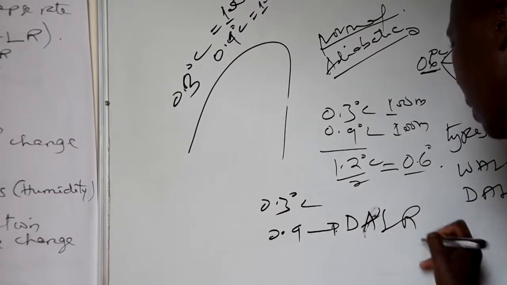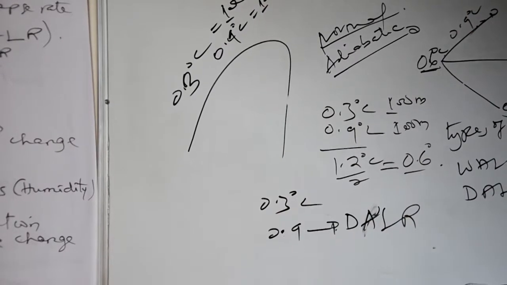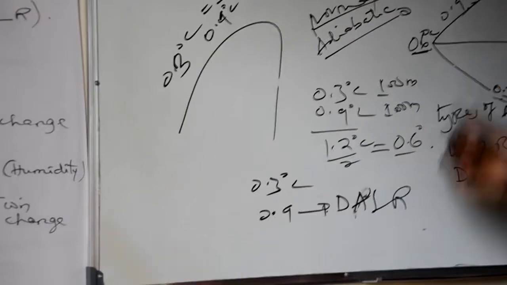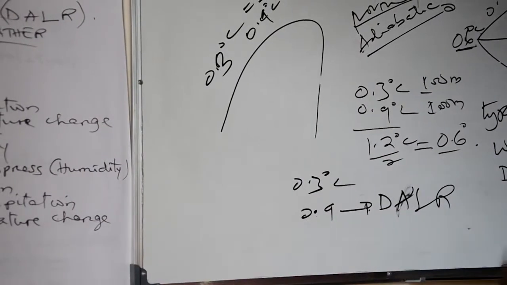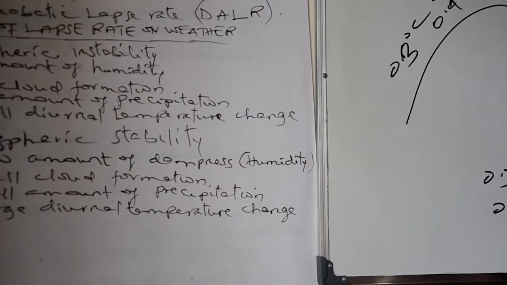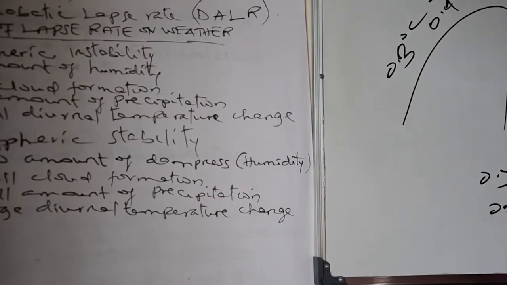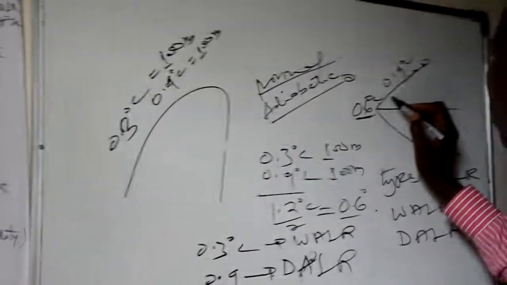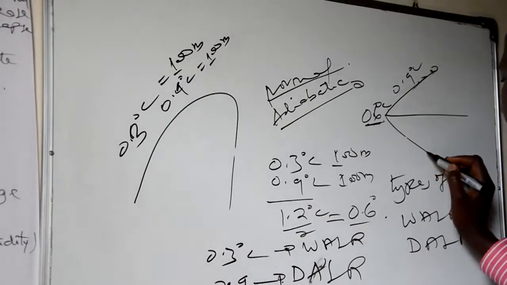It's called dry adiabatic lapse rate because the air is less dense and it is easily forced up by strong winds. But wet adiabatic lapse rate is when the air rises and falls below the normal adiabatic lapse rate.